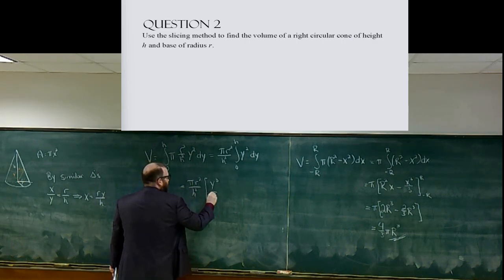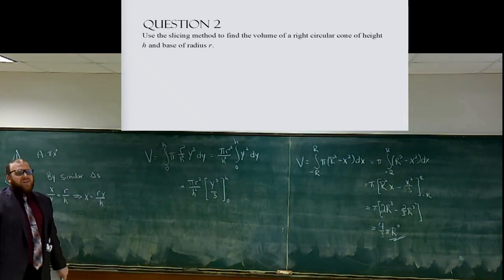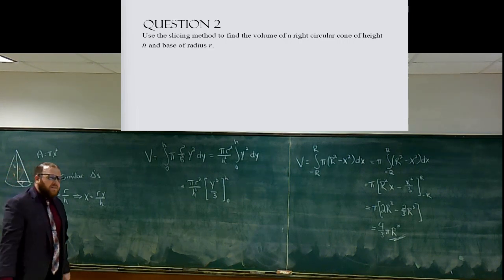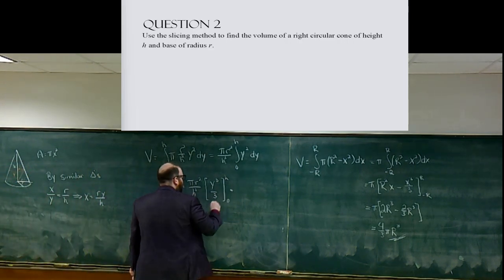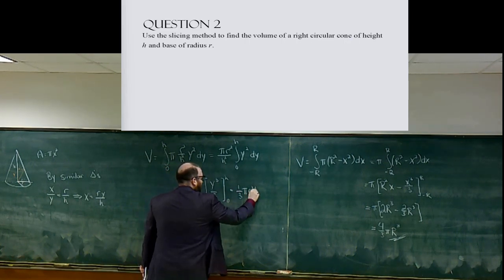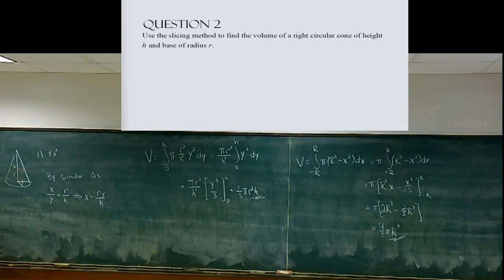Antiderivative: y cubed over 3. Evaluate that from 0 to h, you just get h cubed over 3. One third pi r squared h. Which is what geometry gave us. Once again, geometry is proven correct.